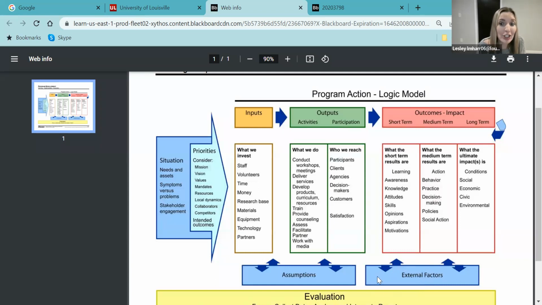So acknowledging that within the diagram is an important factor to see, like, oh, and now here's how our services are going to change, but it makes more sense for some projects than others. So this just gives you some examples, but feel free to adjust this in any way you see fit. But the main components that are the most important to include are the inputs, outputs, and outcomes.